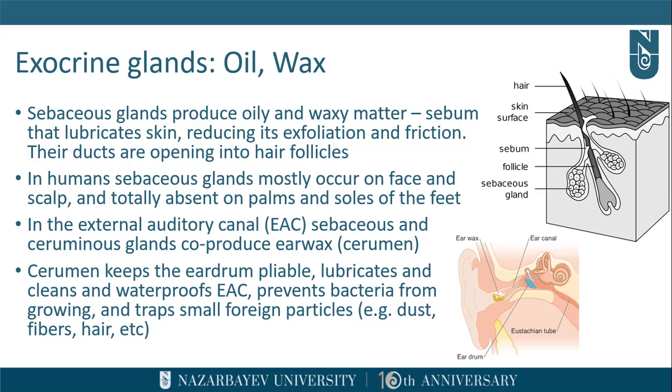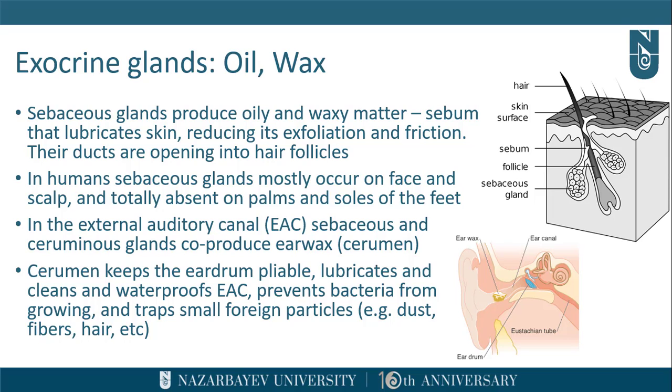These sebaceous glands' main function is to produce waxy matter in order to lubricate the skin, so that the exfoliation and friction is reduced significantly. Sebaceous glands are absolutely absent in our palms and soles of the feet, whereas they are mostly found in our face and the scalp.